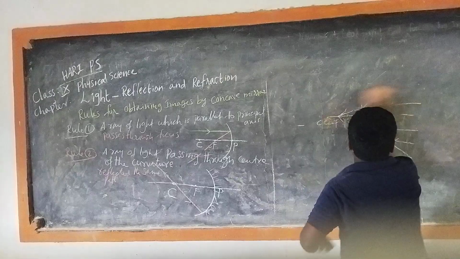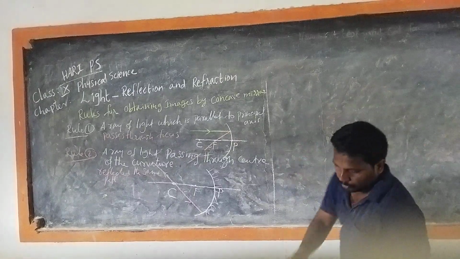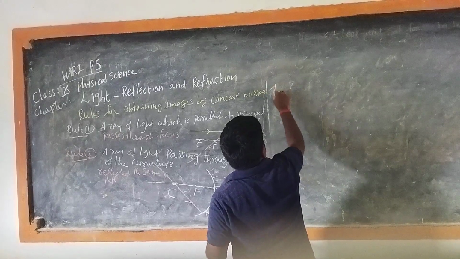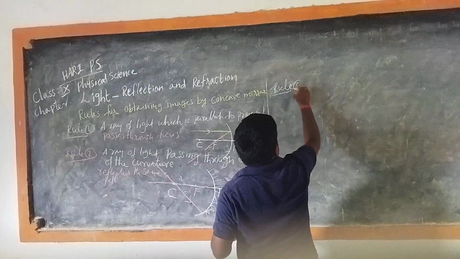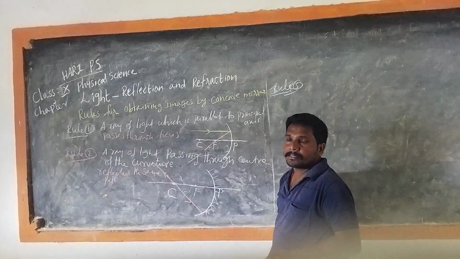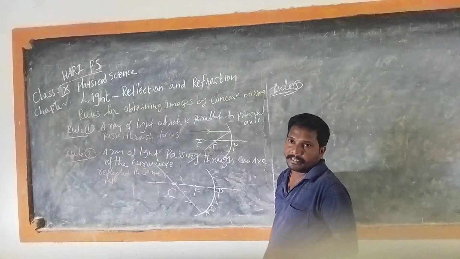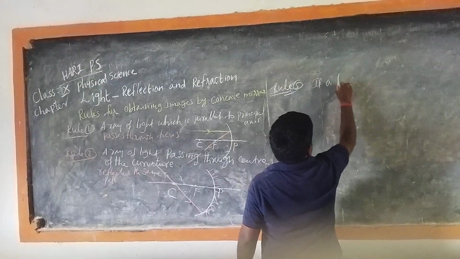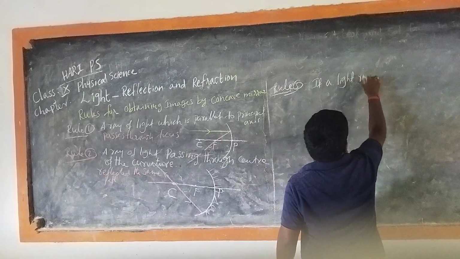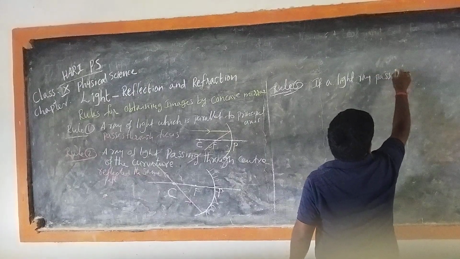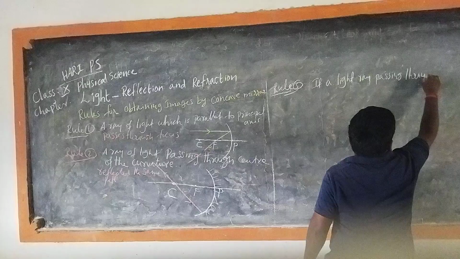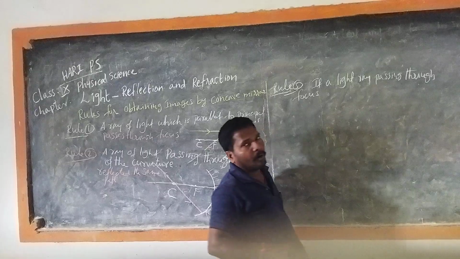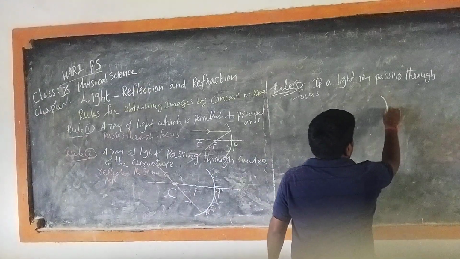Then coming to rule 3. If the light ray is passing through the focus, or principal focus, what will happen?